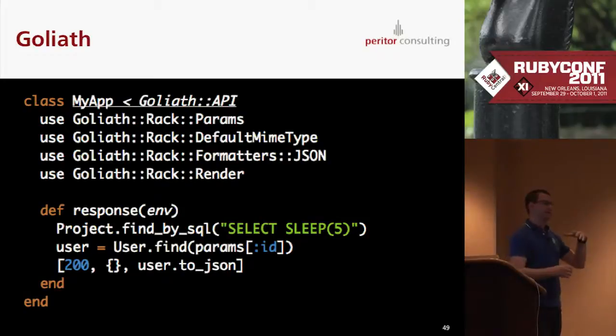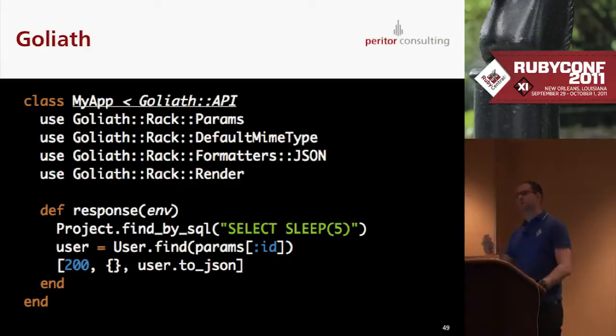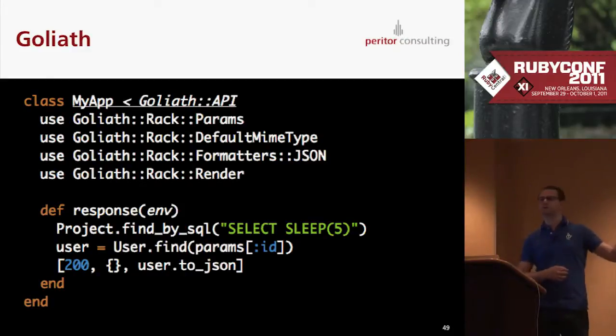What Goliath is doing is implicitly wrapping every action call in a fiber, so that whenever you do something that is blocking, or you're handing control back because you're waiting on a response, it will yield and another fiber can run. So I can still answer other requests while waiting for this 5-second block. In contrast, if you used Rails, Rails would now block and no other requests would be handled because we're waiting for this MySQL query.